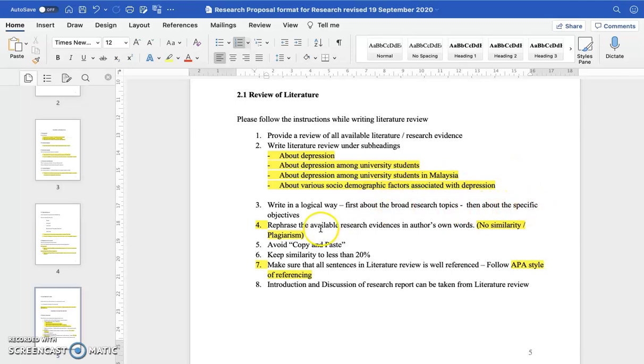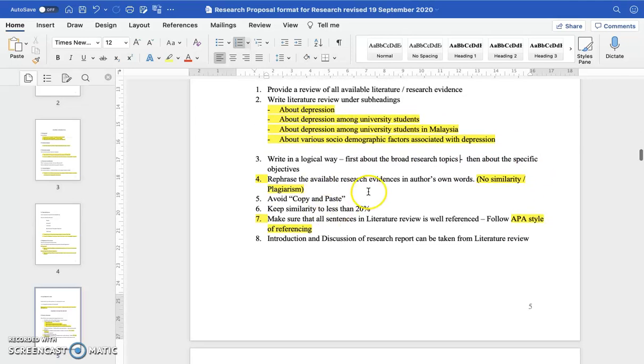Then rephrase the available research evidence in the author's own words. You have to rephrase in your own words. Don't copy and paste. No copy paste. You have to download the article, read it and write in your own words. So the literature review is writing in your own words.